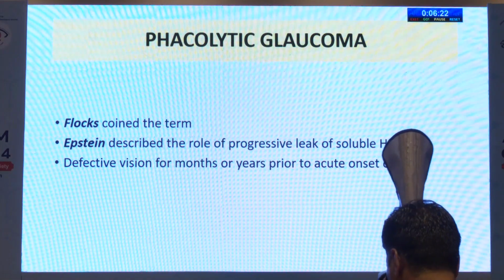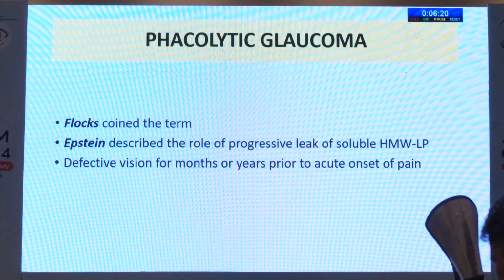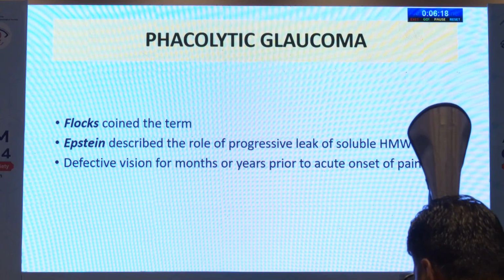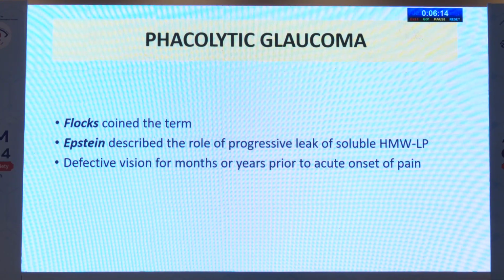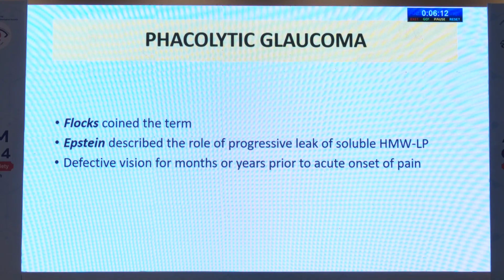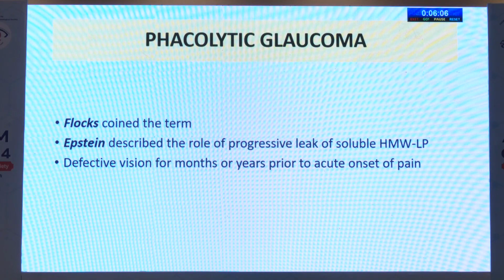The phacolytic glaucoma term was coined by Flocks, and Epstein was the person who described the high molecular weight lens proteins which are involved in the pathogenesis of phacolytic glaucoma. Many times in phacolytic glaucoma, the diminished vision is present for a very long period, maybe months or years prior to acute onset of pain.